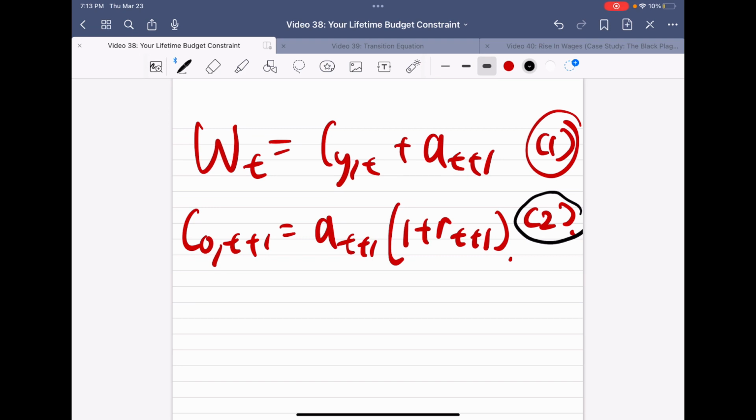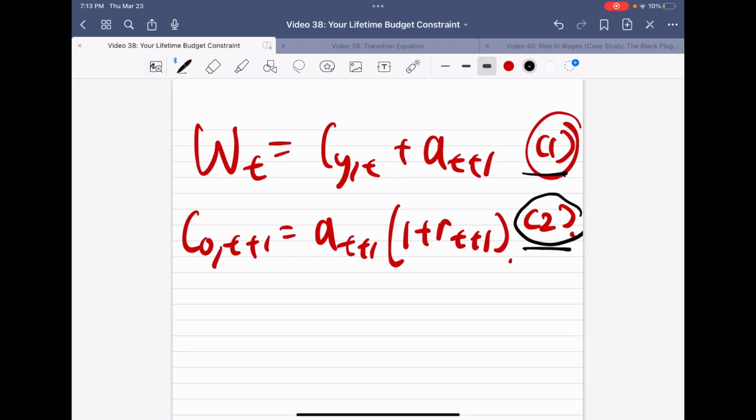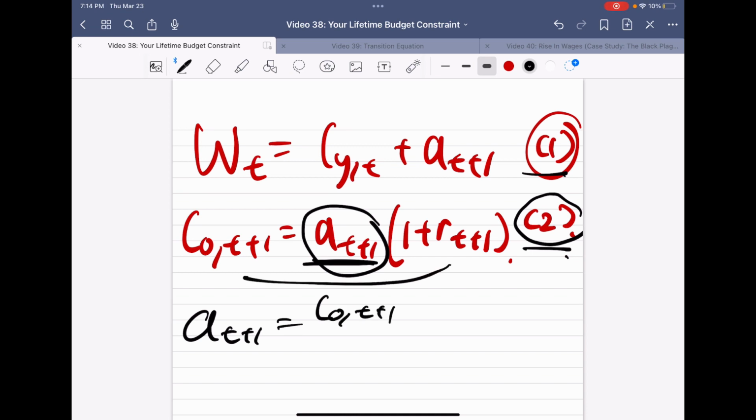We have the first equation and the second equation. Now I want to isolate A_t+1 in the second equation. So I get A_t+1 equals C_O,t+1, then I move this to the left hand side, right? It becomes 1 plus r_t+1. So you could rewrite A_t+1 in this way.